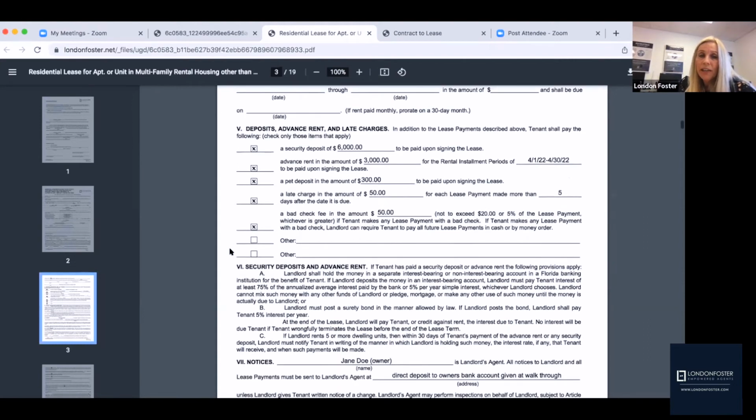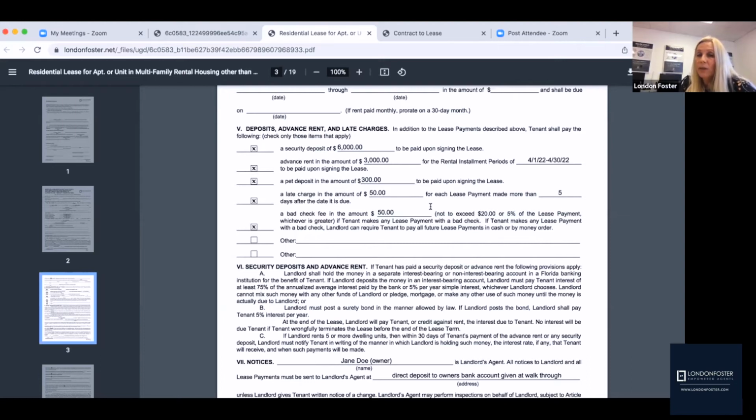A bad check fee. Check to see what your bank has for a bad check fee or a bounced check for the owners. My bank, I think, charges, I don't know, $30 right now for a bounced check, but it's not to exceed $20 or 5% of the lease payment. So if it's $3,000, you just want to make sure that it's not excessive.